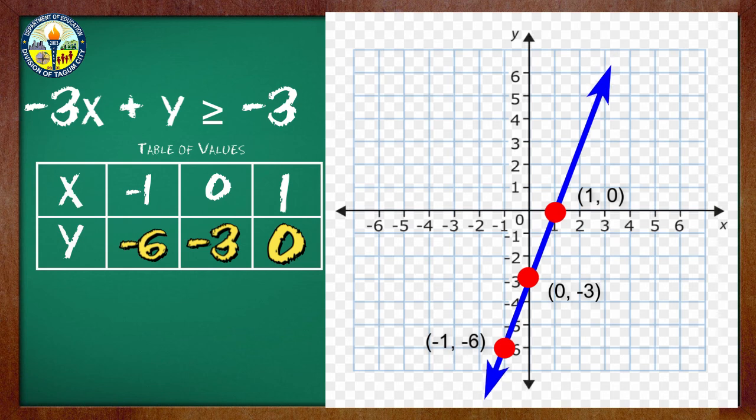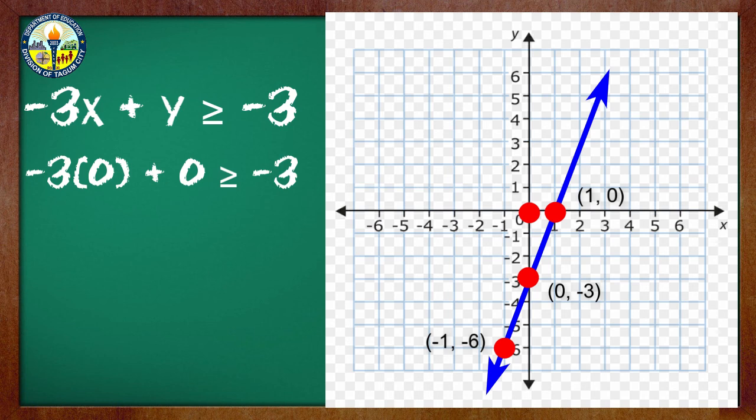Number 5, shade the solution using the test point 0, 0. Substituting test point 0, 0 in the inequality negative 3x plus y greater than or equal to negative 3, we got negative 3 times 0 plus 0 is greater than or equal to negative 3. Simplifying, 0 is greater than or equal to negative 3.